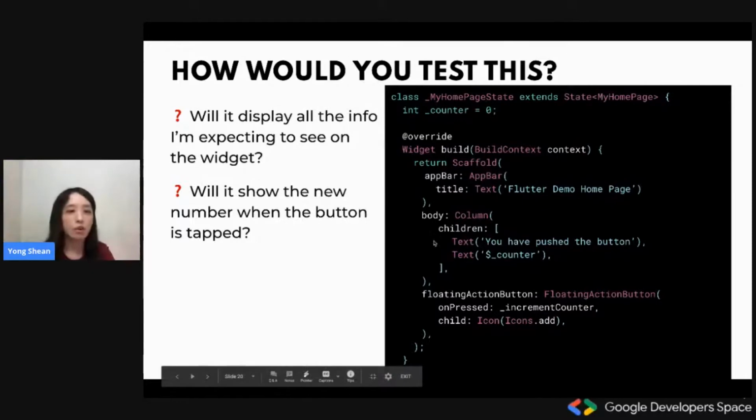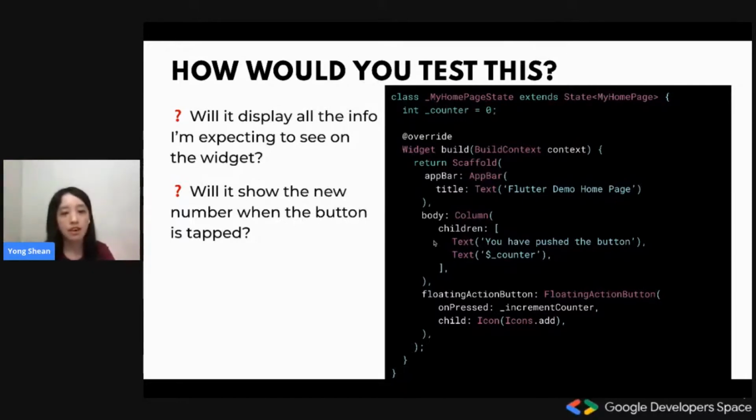And when you want to write the test, just like when we are writing unit tests, you should ask yourself a few questions as if you are testing it manually. So the first question I would ask is, will it display all the info that I'm expecting to see on the widget? And then I will also ask, if I tap the button, will it show me the new number?